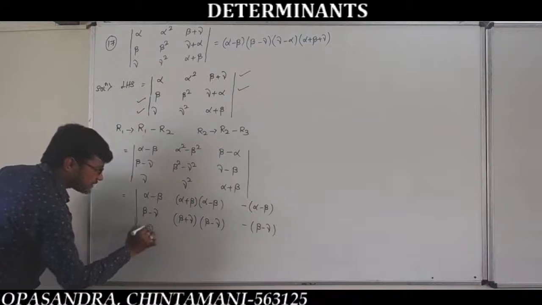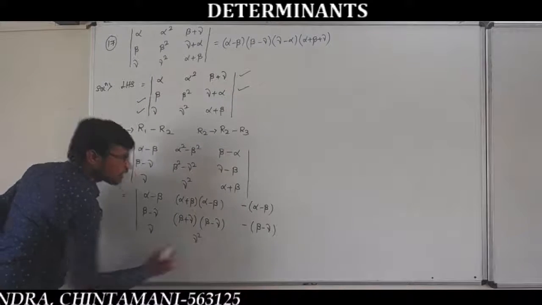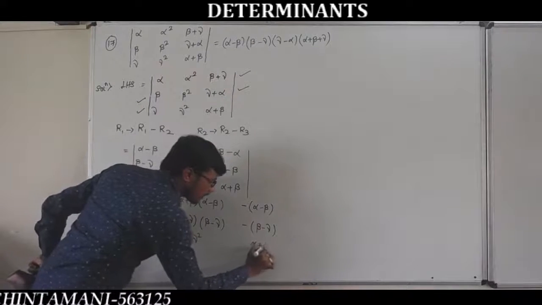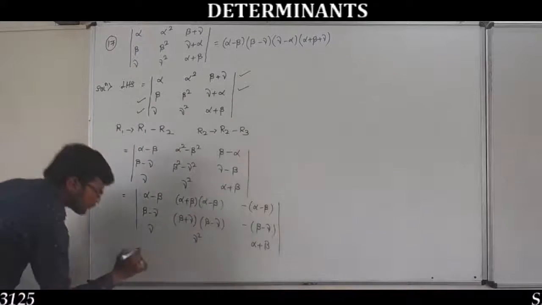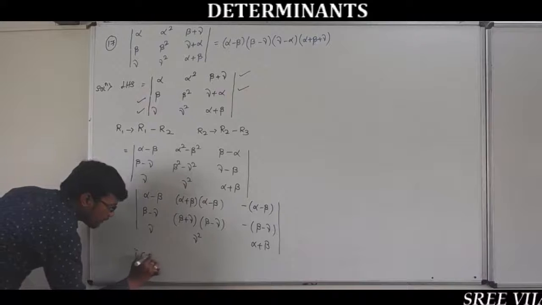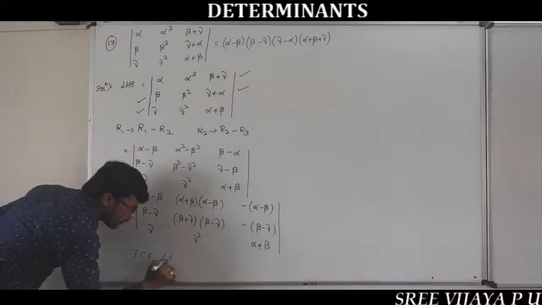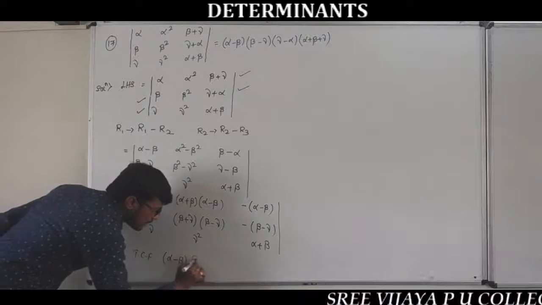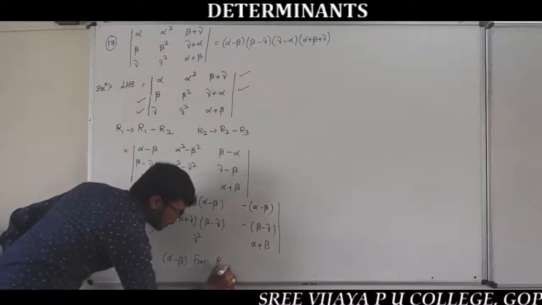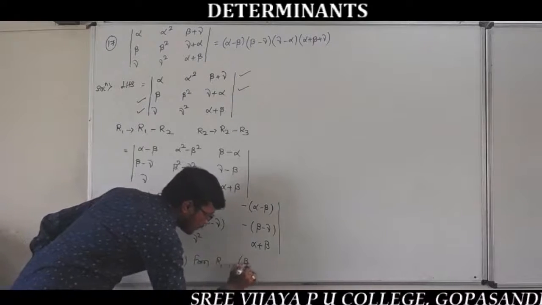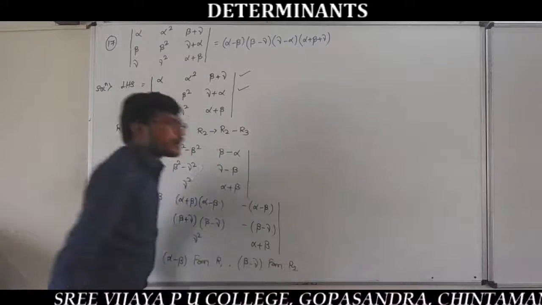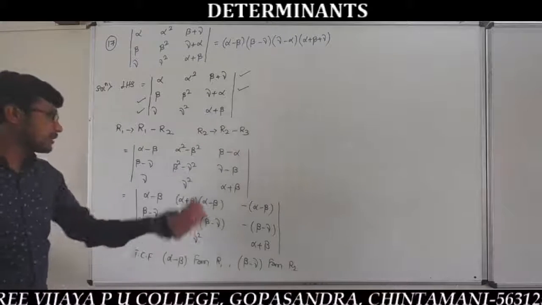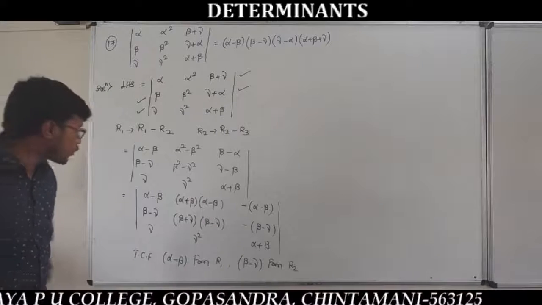Next R3 as it is, gamma square, alpha plus beta. Okay. So now taking common factor, which one? Alpha minus beta from R1, beta minus gamma from R2. From the R1 and R2, you can take that alpha minus beta and beta minus gamma as a common factor.